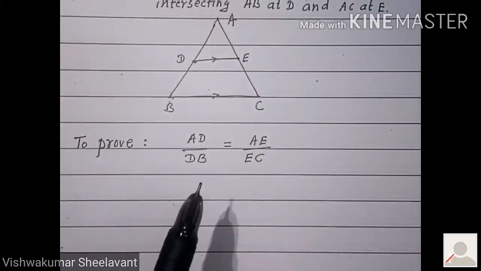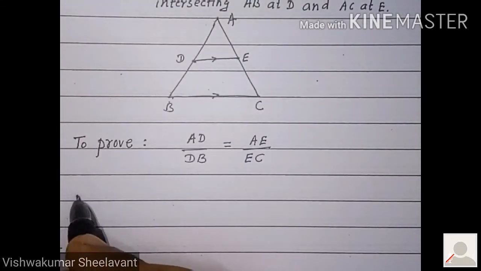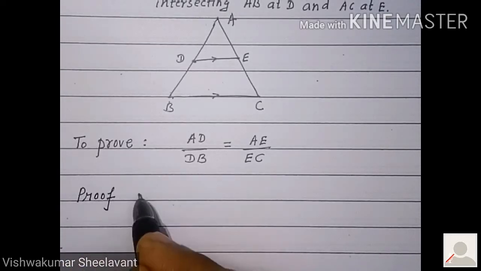Now we have to give the proof. This we have to prove systematically. And to prove, we will have to make some constructions. So what are those constructions then?